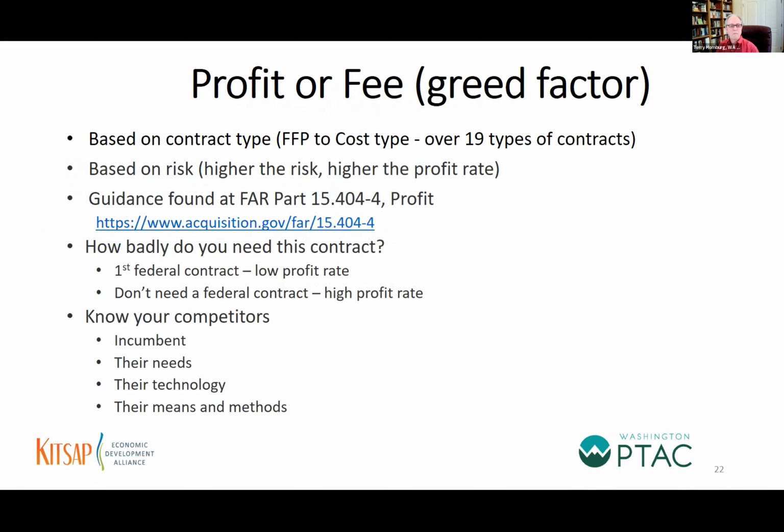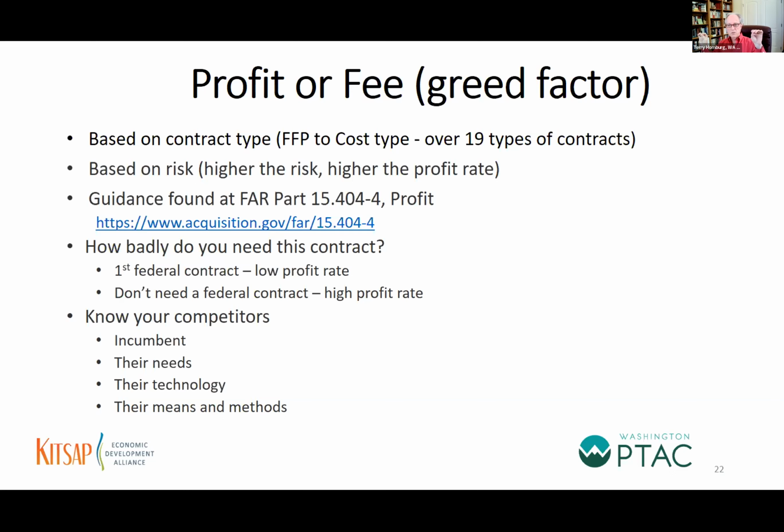Okay, the profit is based on type of contract. And what I mean by that is various types of contract have associated risk. Profit is based on risk. The greater the risk on you, the greater the profit. Because profit is associated with risk. Okay, so in the parentheses there, I have identified the extreme ends of the pendulum.